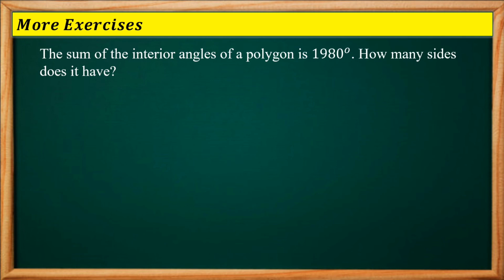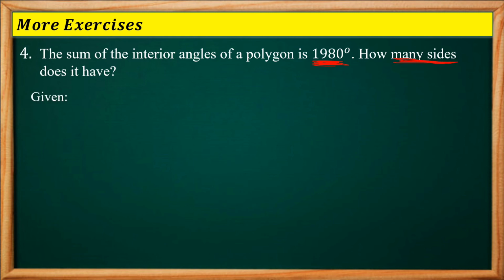Another tayo. The sum of the interior angles of a polygon is 1980 degrees. How many sides does it have? Ayun. Meron tayo ditong sum, which is 1980. Ang tinatanong, how many sides does it have?